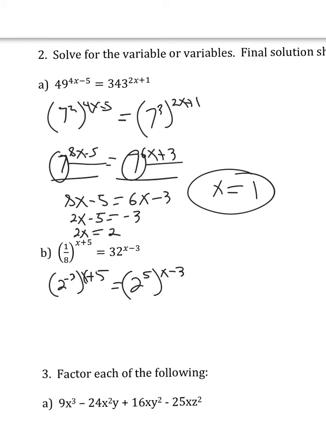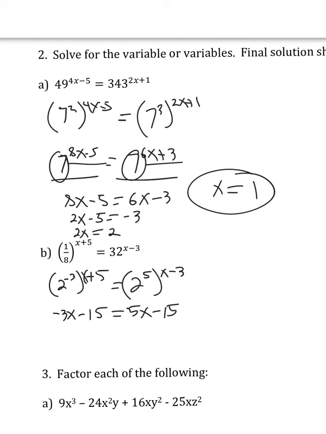Okay, so we're going to multiply and get negative 3x minus 15 is equal to 5x minus 15. And notice here I skipped one step where I didn't write this out as 2 to the negative 3x minus 15 and 2 to the 5x minus 15. I just went right to setting the exponents equal.